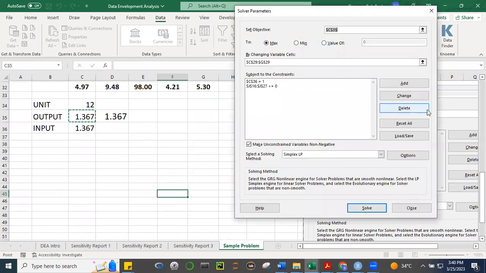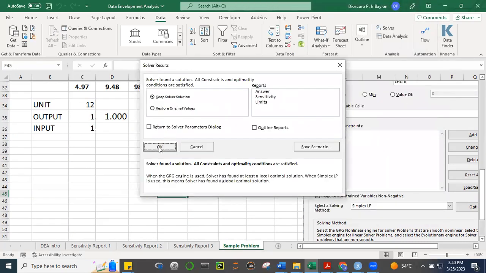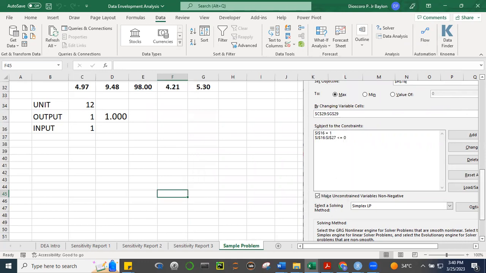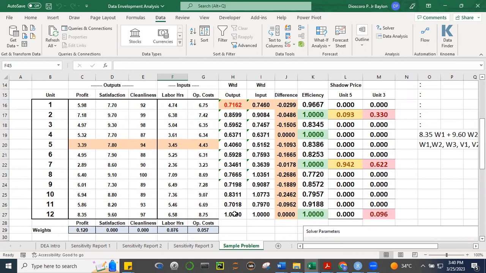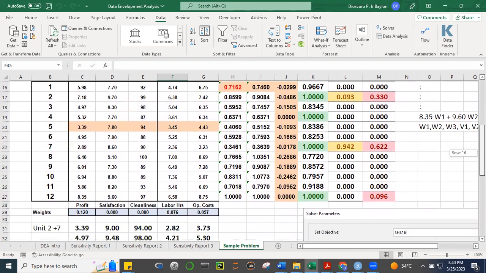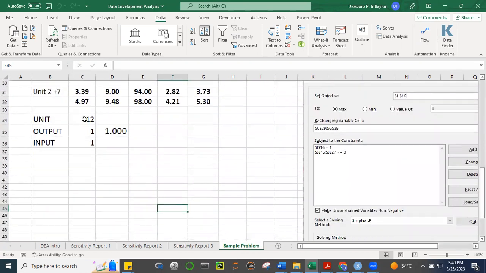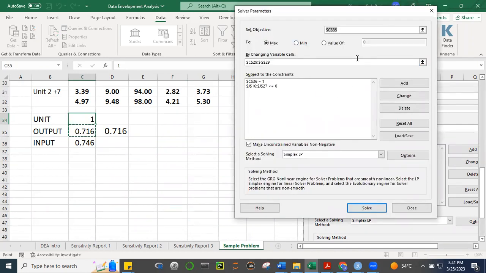All right. So now we are at unit 12. We are solving unit 12, right? Solve. Okay, we have the solution. Unit 12 is 100%. Okay, so I write here 100%. All right, so if you're going to solve now for unit number 1, just put here 1, and then go to solver, data, solver, and then you don't have to change anything here.